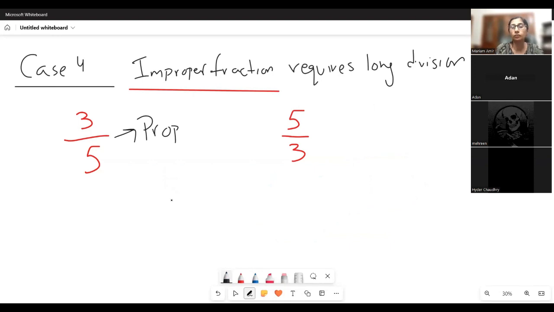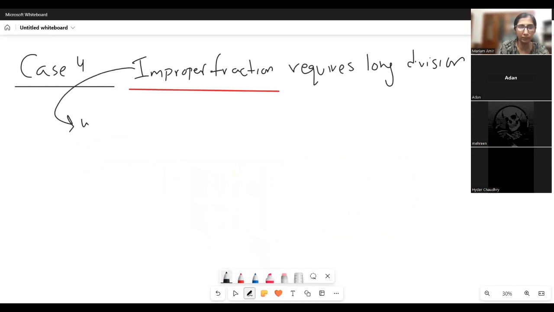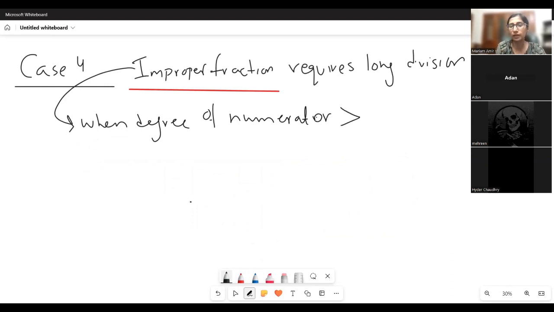So in terms of algebraic fractions, an improper fraction is when the degree of the numerator, by degree we mean the power of x, is greater than or equal to the degree of the denominator.